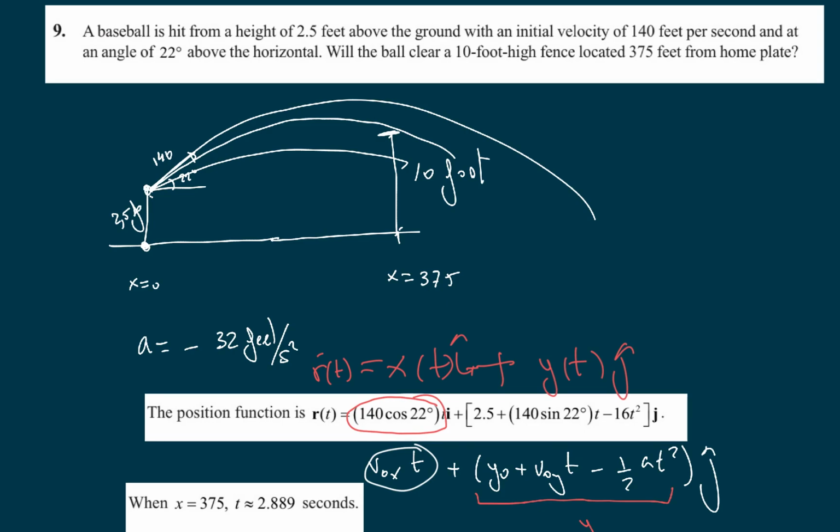For this value of t, the y is 20.5. So if you plug in the time t, here 2.88 seconds, and here 2.88, you find the y, and you will find 20.5. So you pass the fence. So the ball clears the fence.